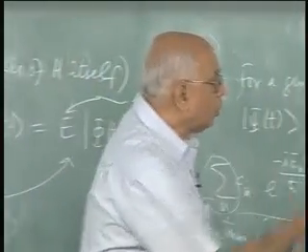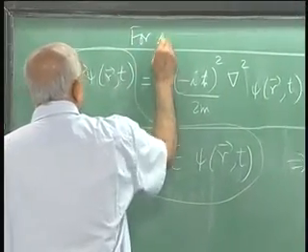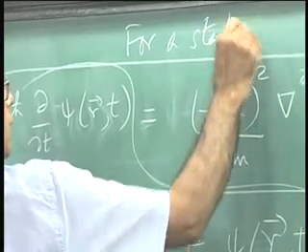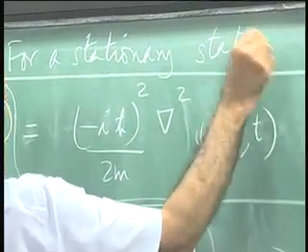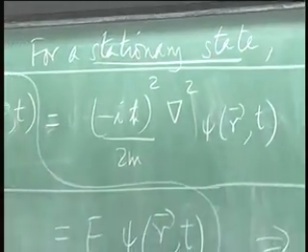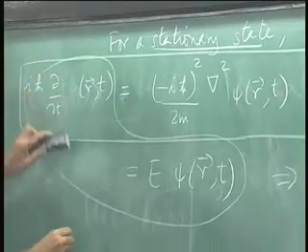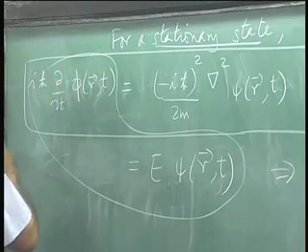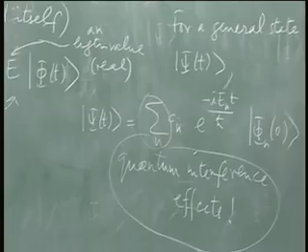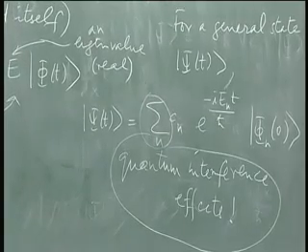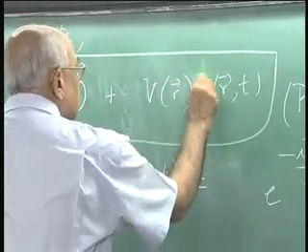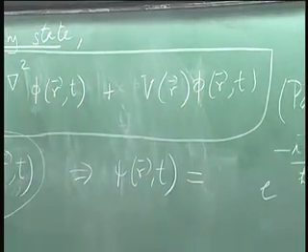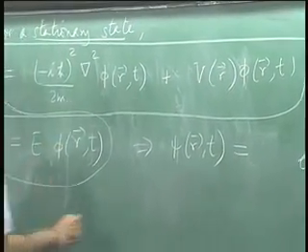Now of course I have abused notation a little bit, so I should say for a stationary state, let us be careful. For a stationary state, I promised that I would use phi for the state vector. So let us use little phi for this wave function to be consistent with our notation, phi of r comma t, that is phi of r comma 0.